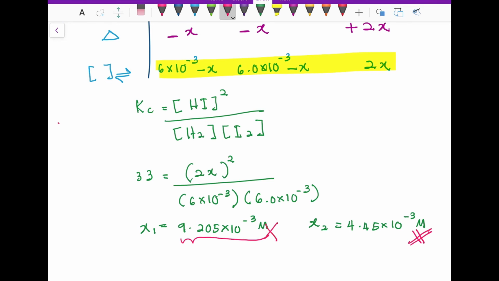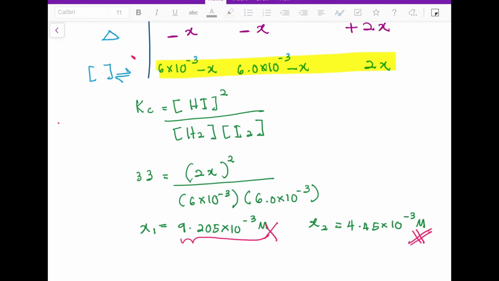Alright, so how do we calculate the concentration at equilibrium?